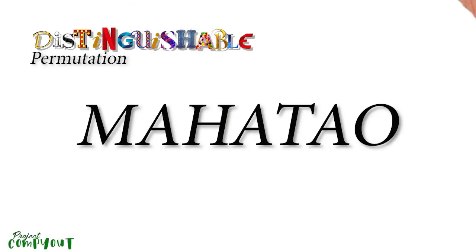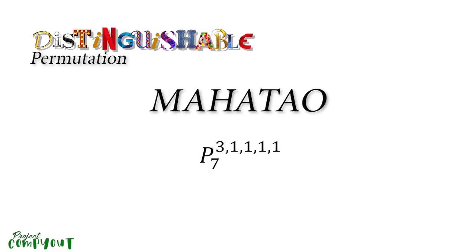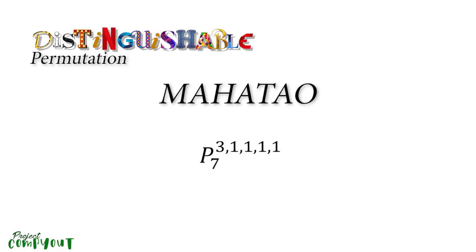So for the word maataw, we consider the duplicated letters. A is duplicated 3 times, while M, T, W, and O are repeated only once. And so, we have the permutation of 7 objects, taken all of them at a time, such that A is duplicated 3 times, and M, T, W, and O are repeated only once.